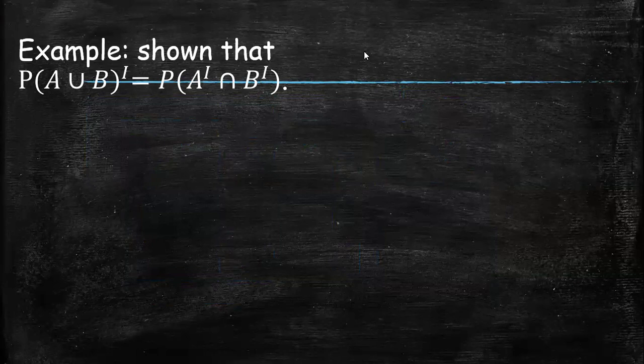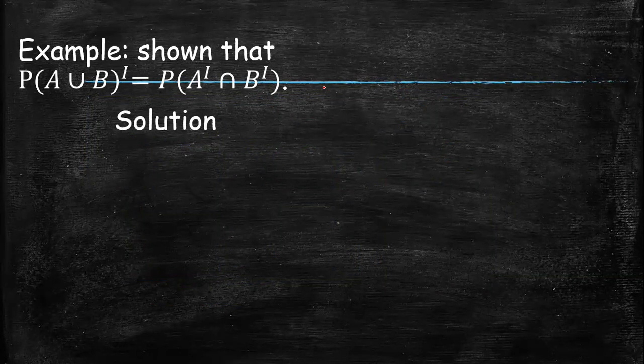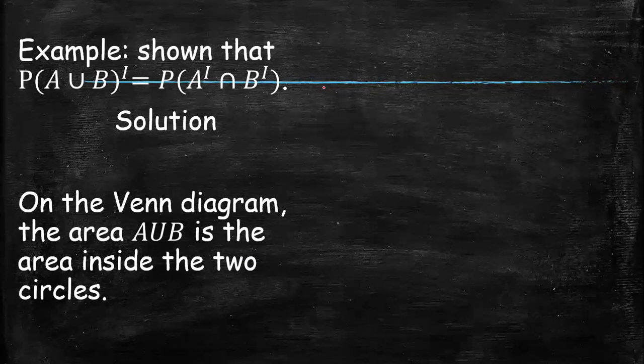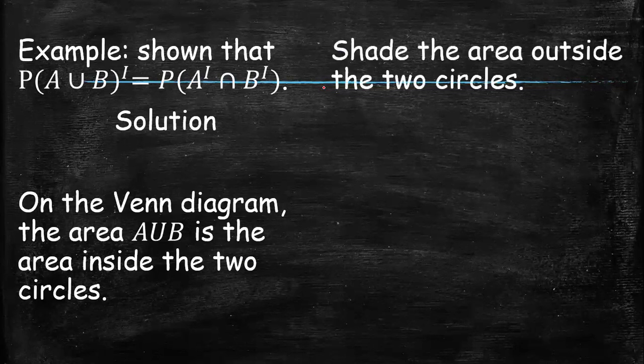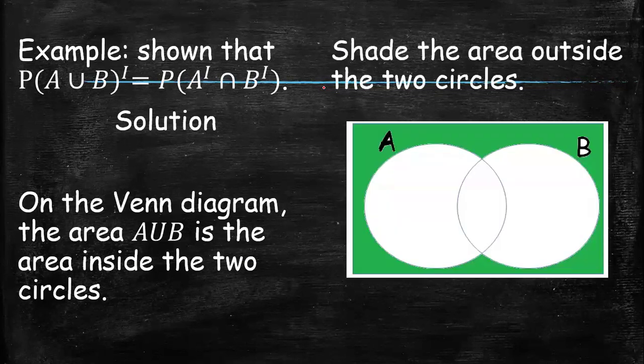So from my Venn diagram, we are going to shade area A union B, which is the area inside the two sets.